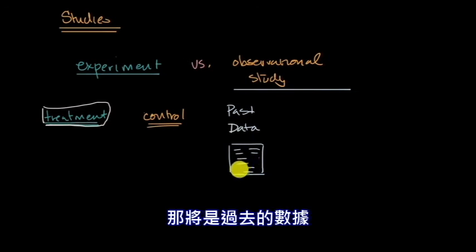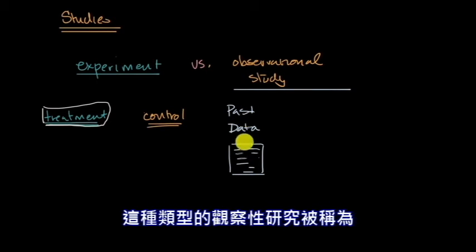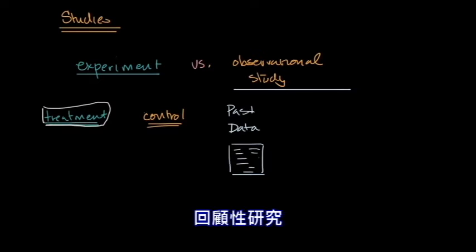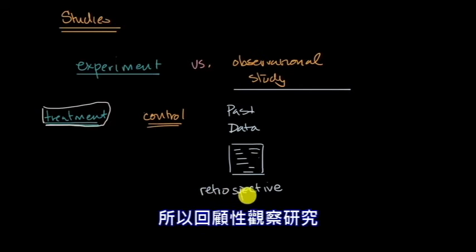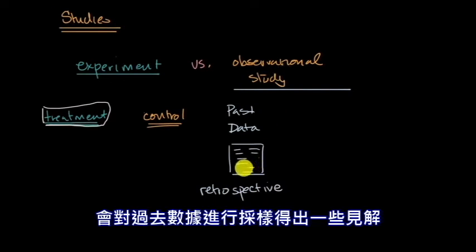That would be past data, and that type of observational study would be called a retrospective study. Retro for backwards, and spective, looking. So a retrospective observational study would sample past data in order to come up with some insights.